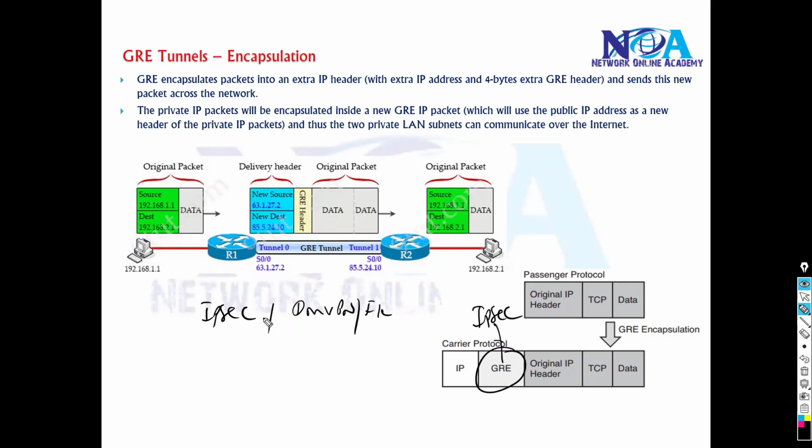So the packets over the internet will be routed based on the public IPs, based on the new IP headers, not based on the actual LAN IP addresses. So that's the reason this kind of transport, we call it tunnel mode. And this is the default mode in general, where there will be a new IP header added.